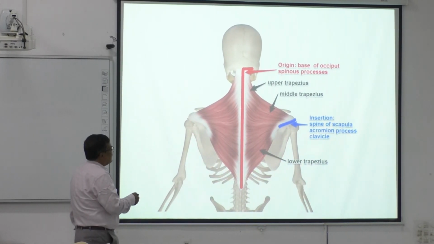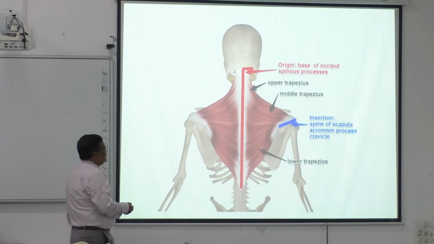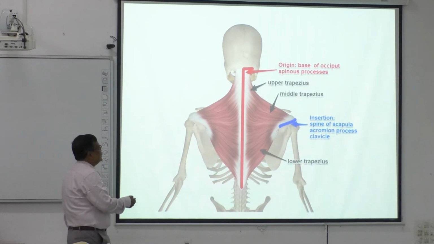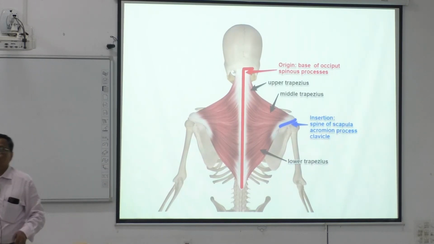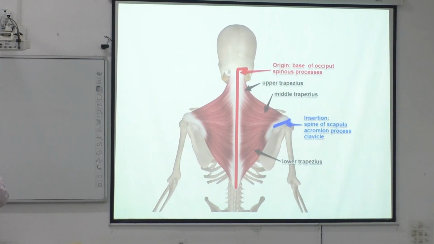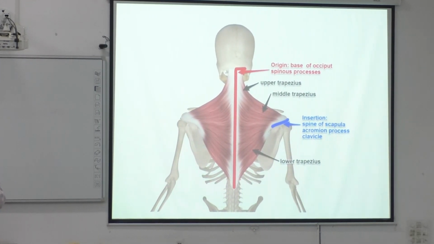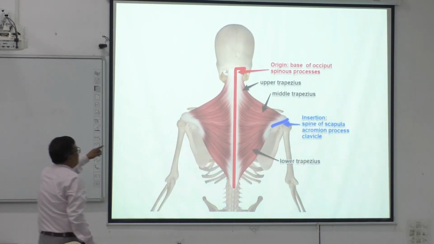Then it goes downwards. Actually, it is destined to attach to the spine of the vertebra, but why can't it? Spine of the vertebra is covered by ligamentum nuchae. So posteriorly it is attached to the ligamentum nuchae. So it takes origin from the ligamentum nuchae.